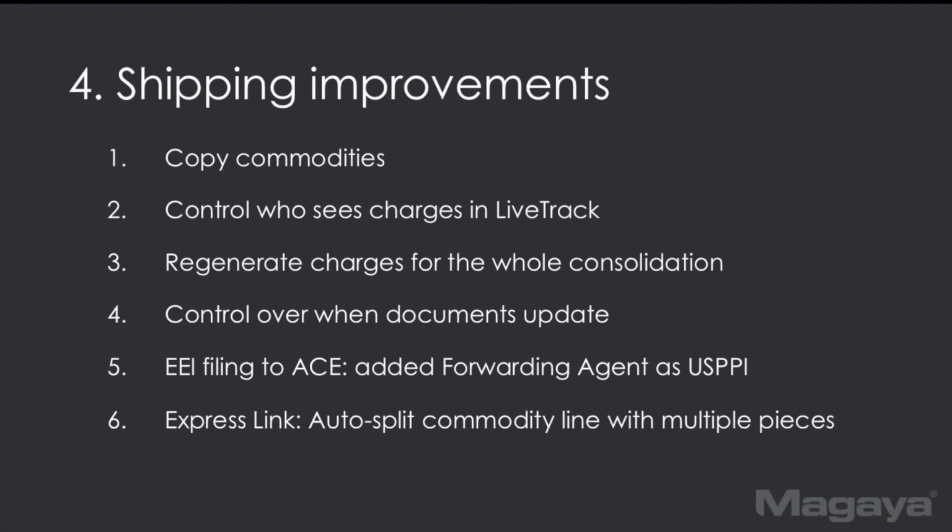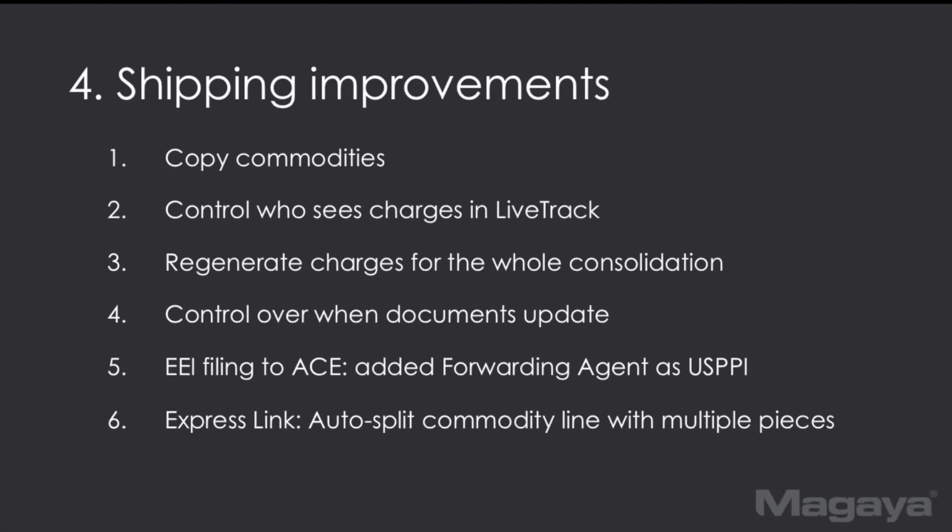Even though they might be individually small, we do add them, and they make the core product, our core functionality, better. So I'm going to show you that you're able to now copy commodities on shipments, you can control better who sees the shipment charges in LiveTrack. You can regenerate charges for the whole consolidation.